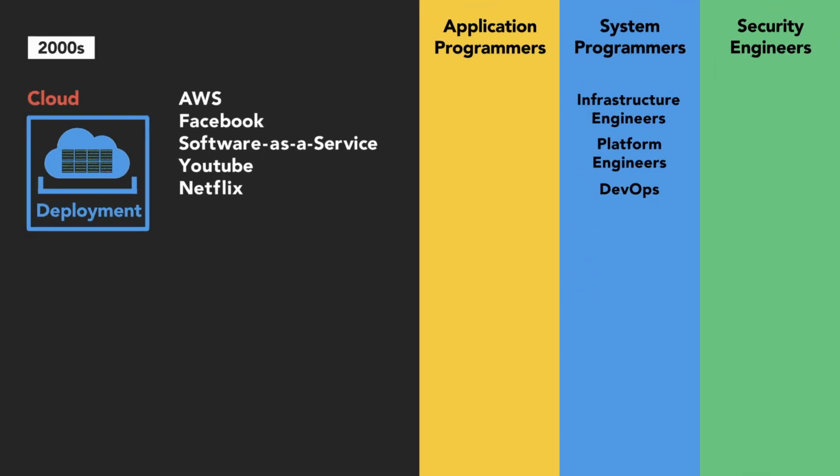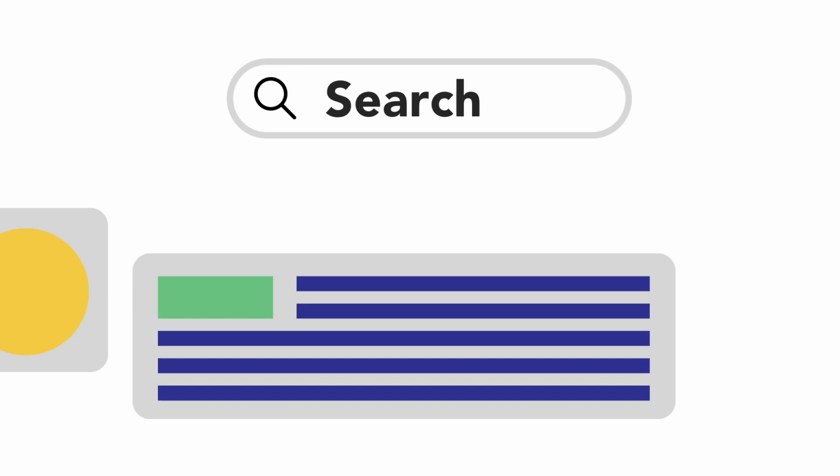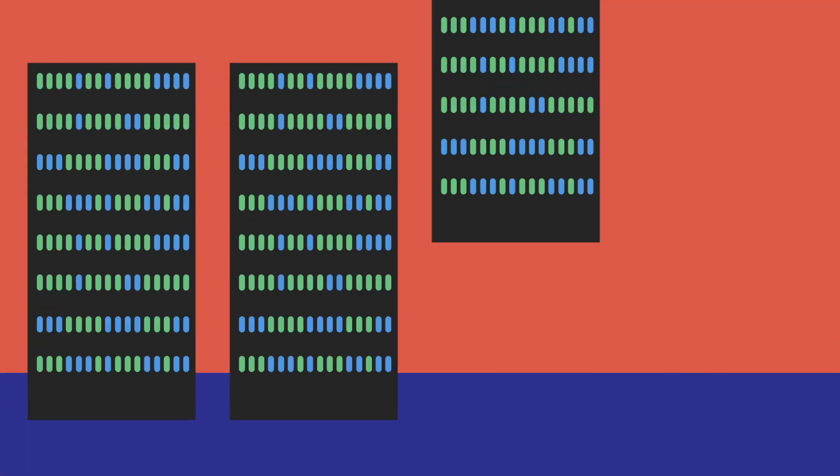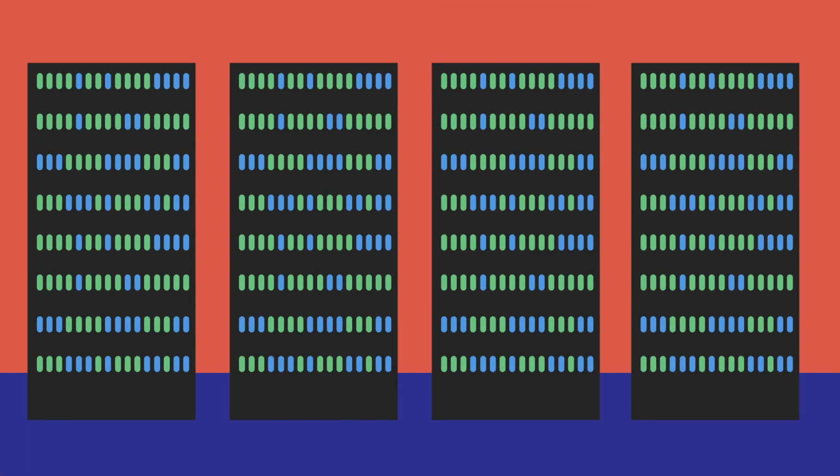Meanwhile, cybersecurity continues to grow. From 2007, we have the mobile internet, the Internet of Things, there's even software-enabled automobiles. And this increased prevalence of software makes it ever more important to keep secure. Cloud also enables one other big change. Remember that Yahoo and Google were working on search by organizing data? Well, before 2006, you had to buy and rent giant server farms to do that sort of work.